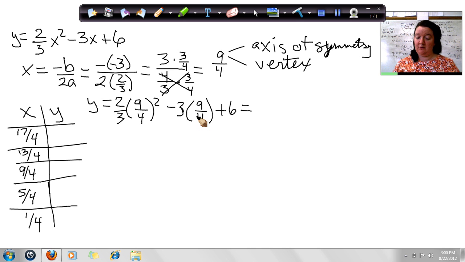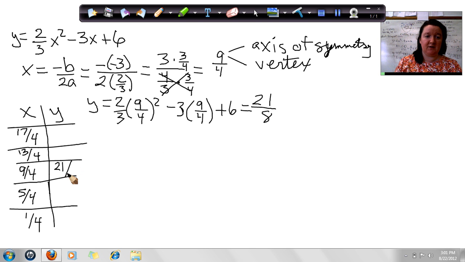So you should get 21 over 8 as a value for it. So we know that our vertex is 21 over 8 for the y value.